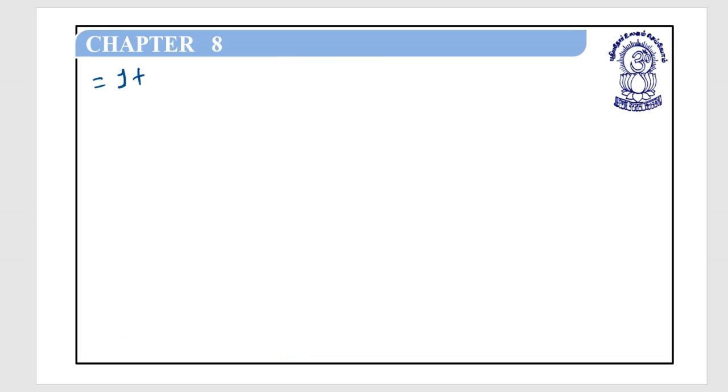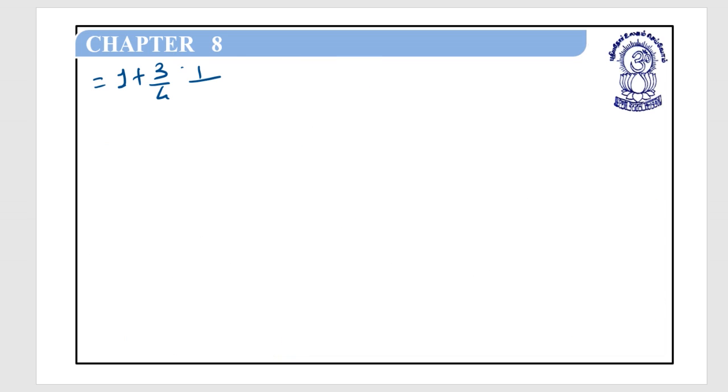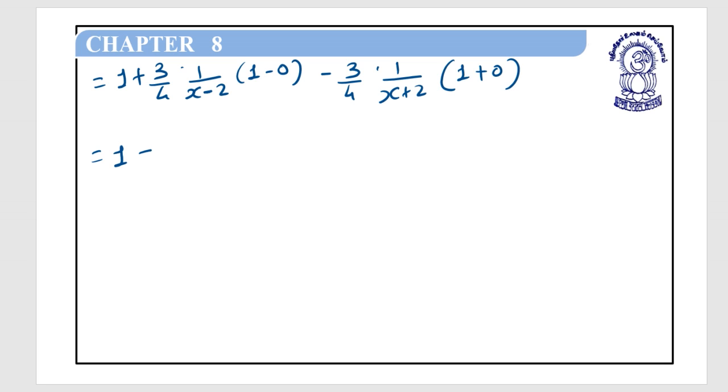is equal to 1 plus 3 by 4 into 1 upon x minus 2, dx by dx 1, minus 0 constant term, and minus 3 by 4 into 1 upon x plus 2, dx by dx 1, and constant term 0. So 1 plus 3 by 4 x minus 2 minus 3 by 4 x plus 2.